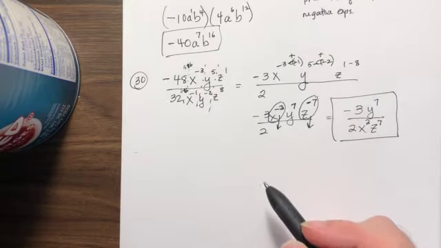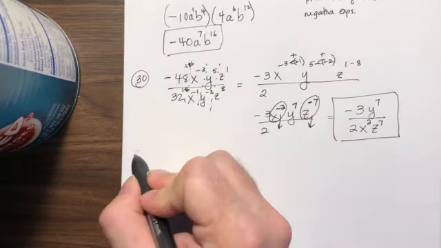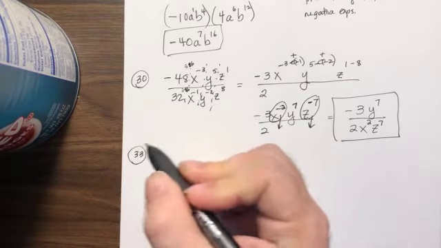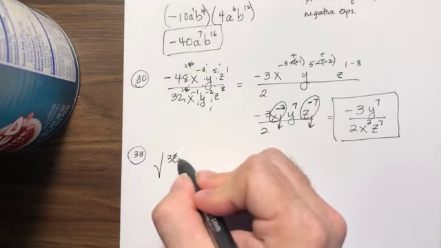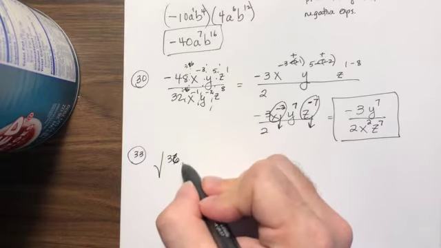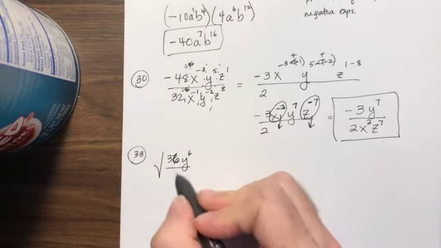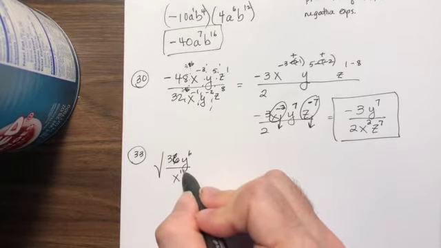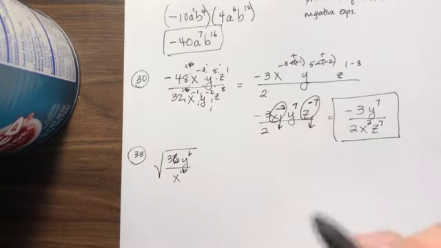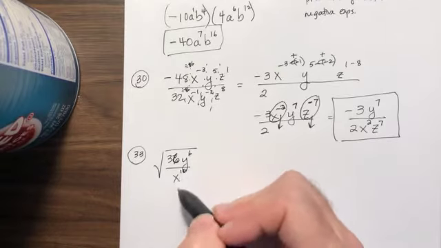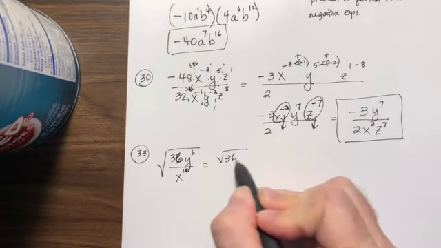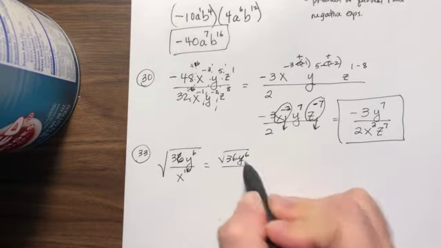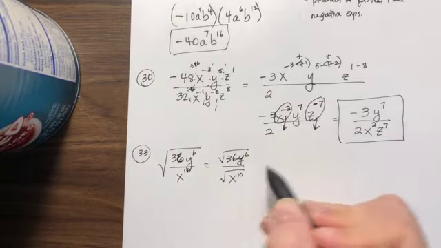Let's look at 33. This is radicals. So with radicals, the square root of 36y to the 6th over x to the 10th. With a square root like this, in a fraction, you're just going to take the square root of the top and the square root of the bottom.